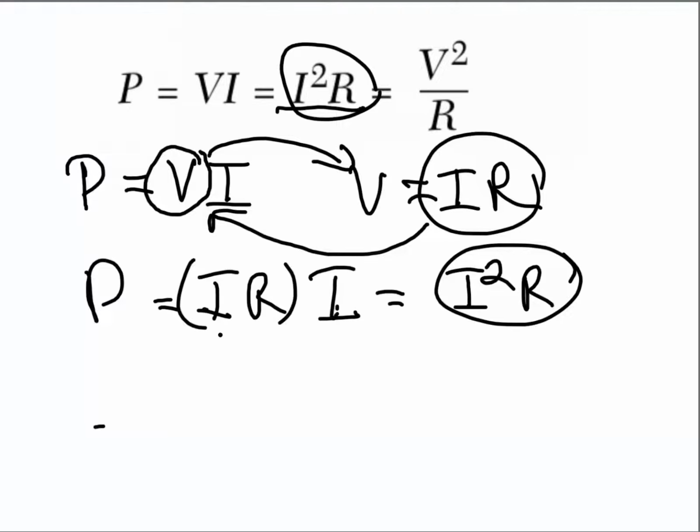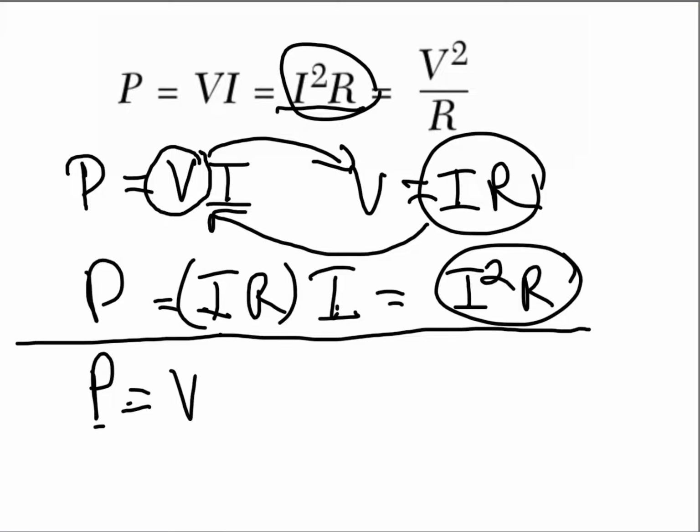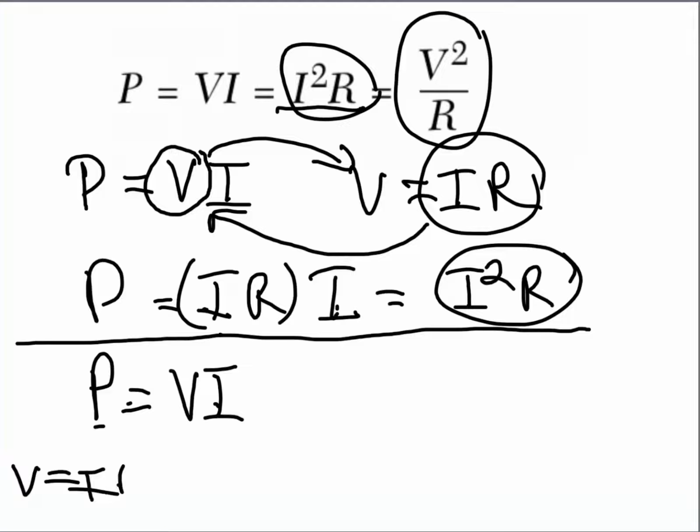Now, the last one, we got P equals VI, so we're going to start with that. This one doesn't have I in it, so we're going to take out I and put in what it's equivalent to. Now, we'll put V equals IR down here.